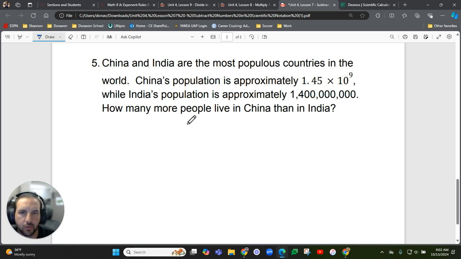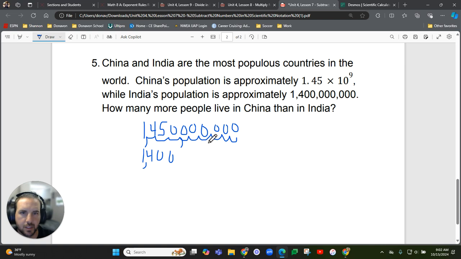All right, so we're going to convert this number to standard notation or decimal notation by moving the decimal place over 1, 2, 3, 4, 5, 6, 7, 8, 9 times. All right, and then we are going to subtract 1.40. So it's here.